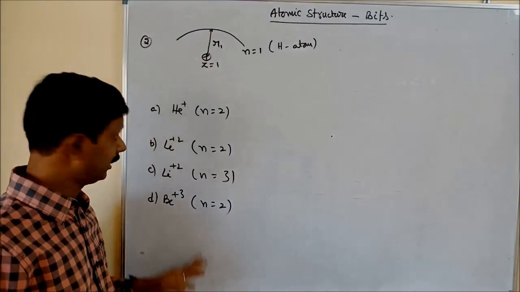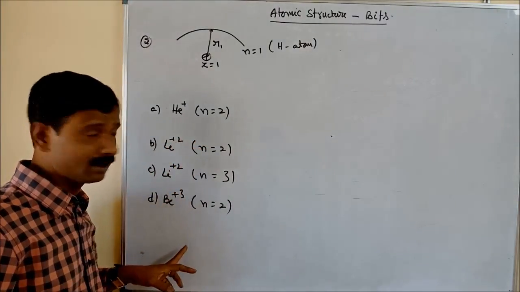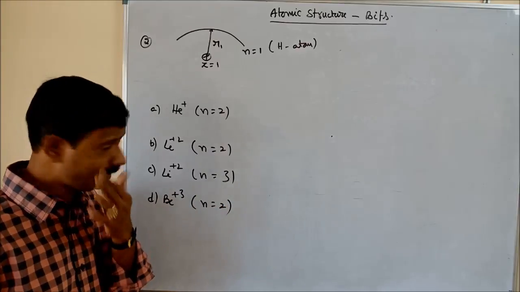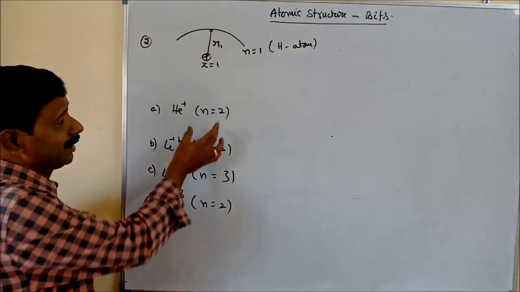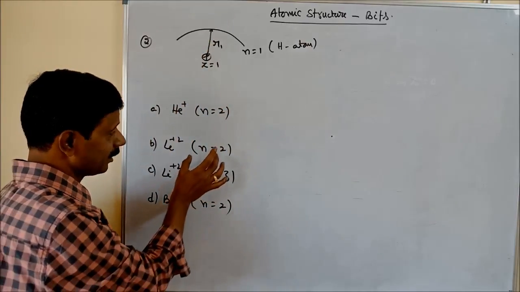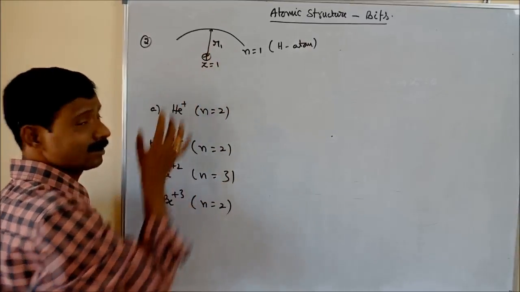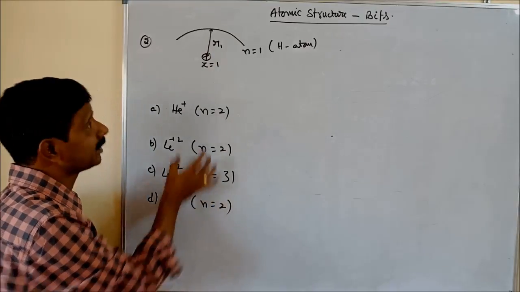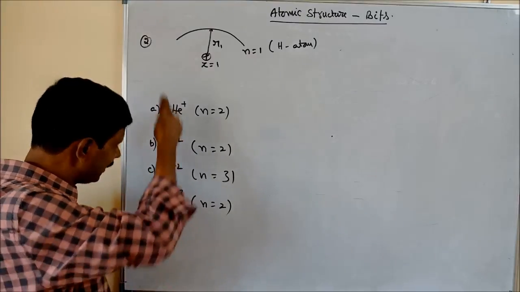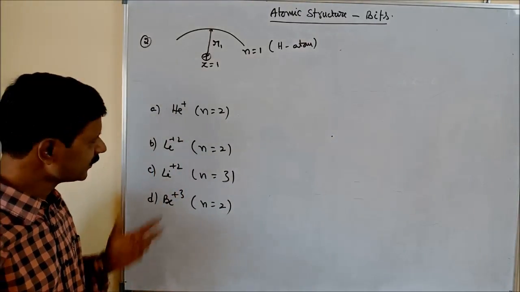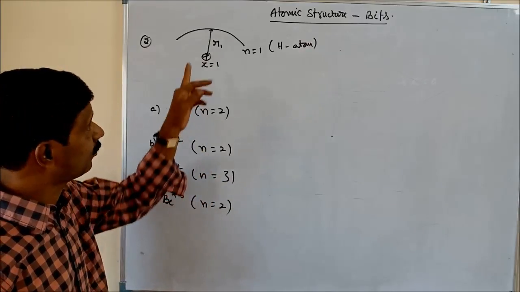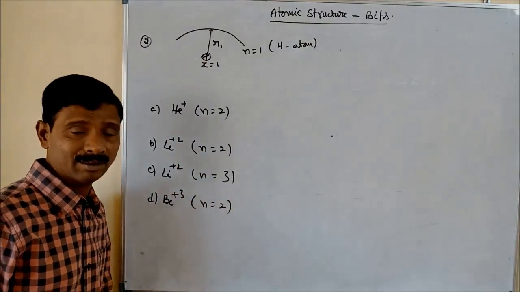Once again I am repeating, among the four ions, we have to verify whether the radius of the second orbit of He plus equals R1, or the second orbit of lithium plus 2 equals R1, or the third orbit of lithium plus 2 equals R1. For which of these is the radius of that particular orbit equal to the radius of the first orbit?